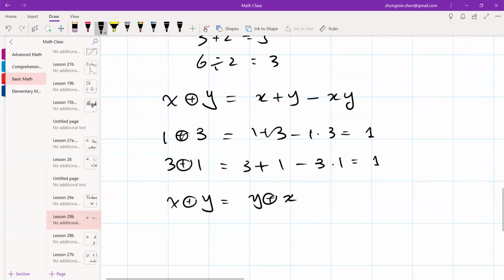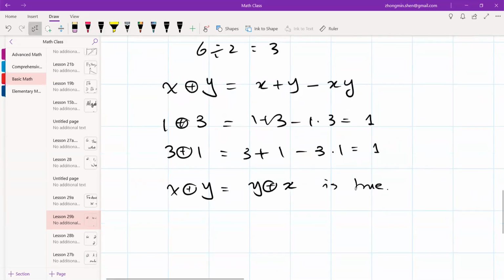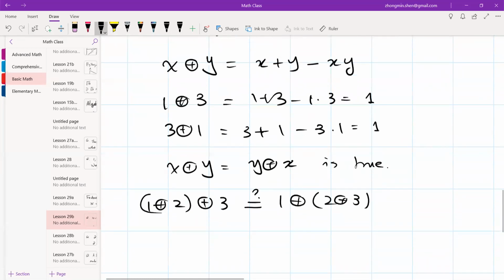So in general, it is commutative. It always holds true in general. Now let's look at this: 1 circle-plus 2, and then circle-plus 3, versus 1 circle-plus the quantity 2 circle-plus 3. Do they equal?